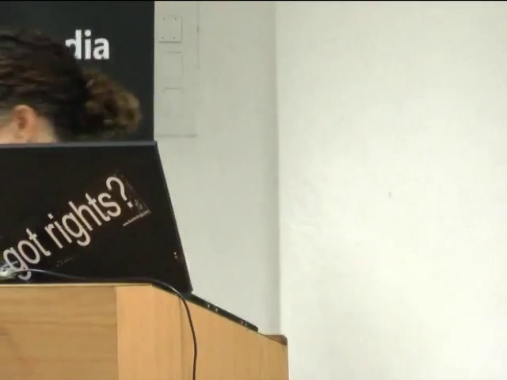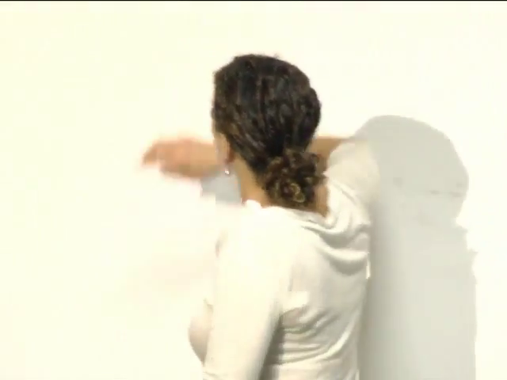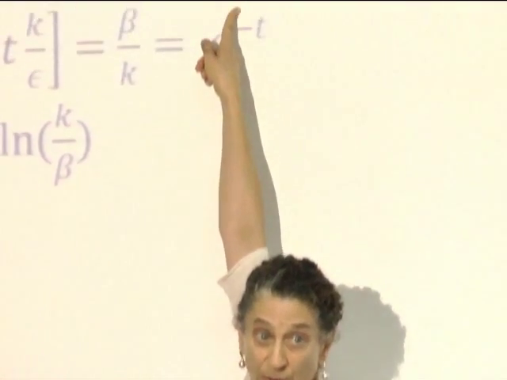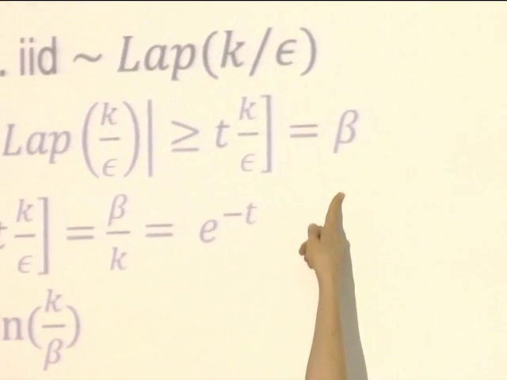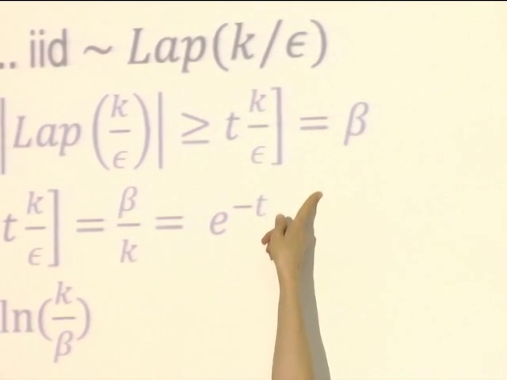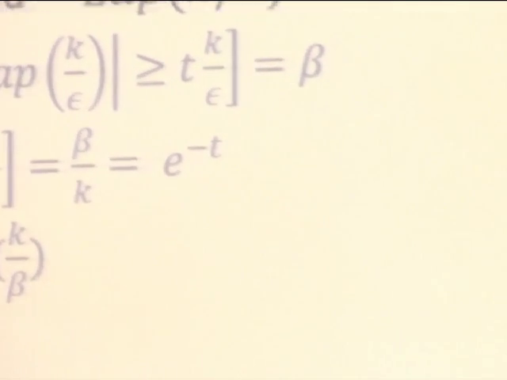So if I plug in that value of t over here, and I call the result alpha, I see that the probability that I'm going to have an error that's bigger than alpha is beta. So I will be alpha beta accurate. Okay? So that's where the math for that question came in.